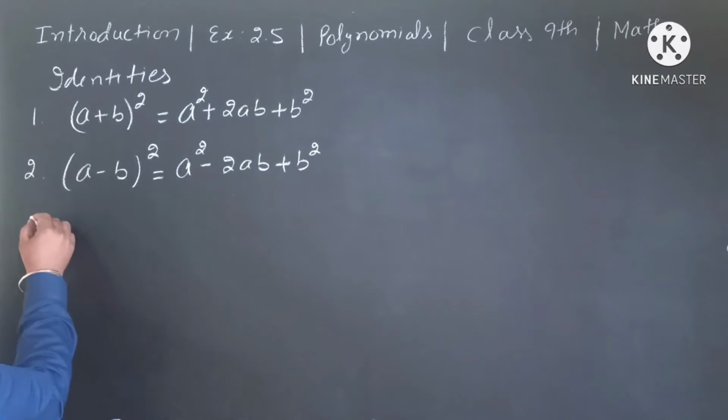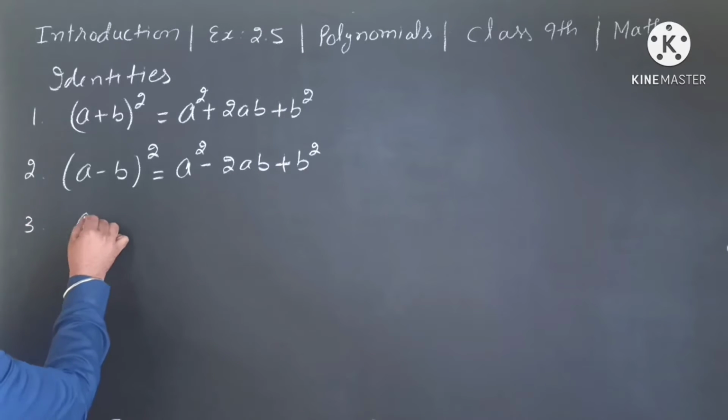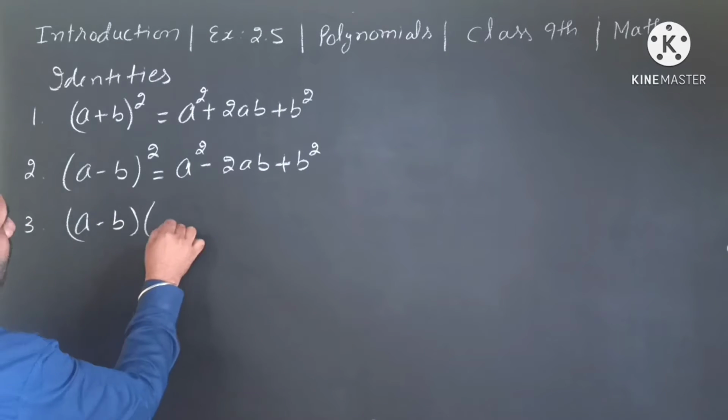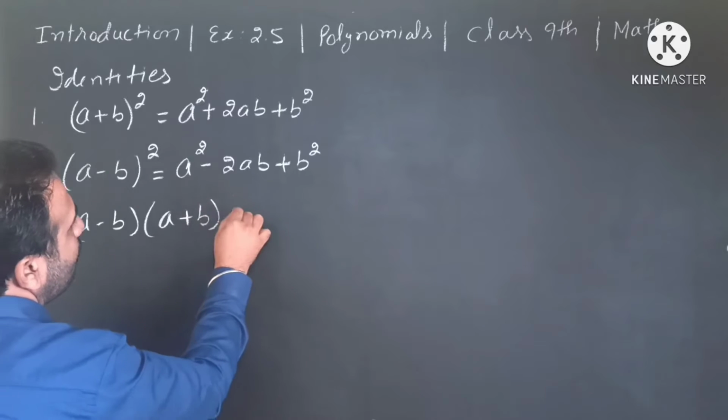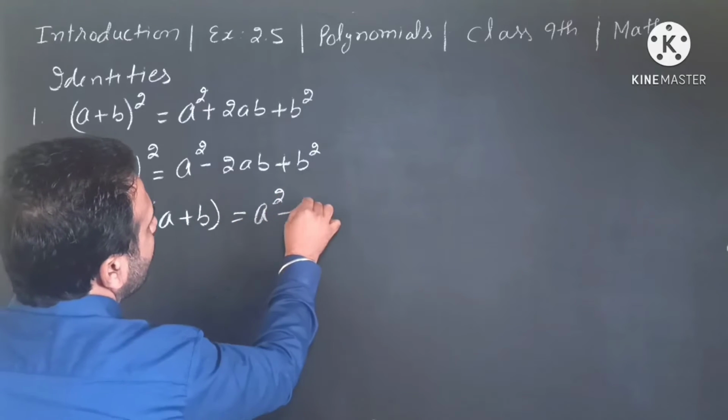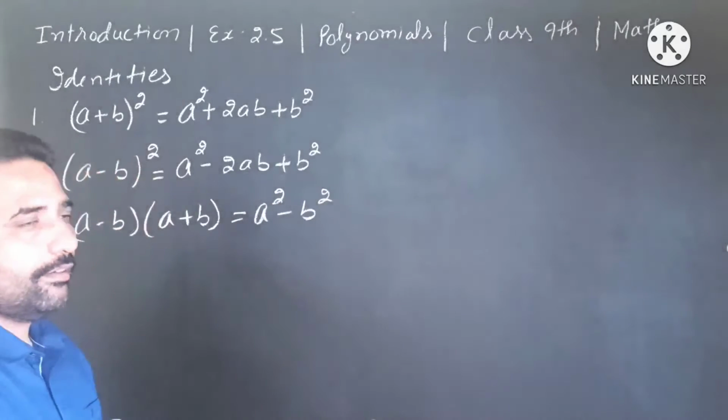Now third one, (a − b)(a + b) = a² − b².